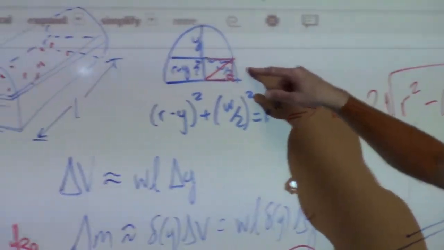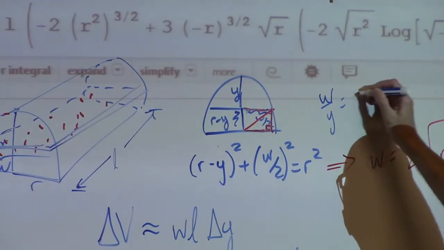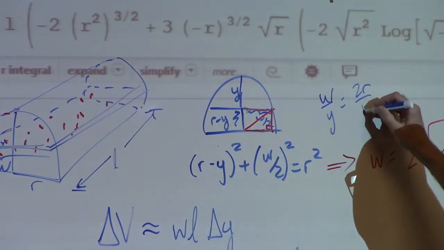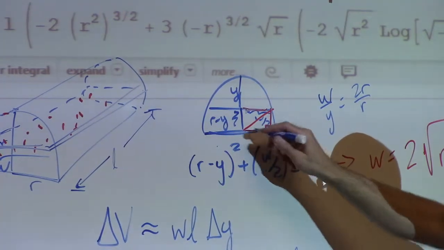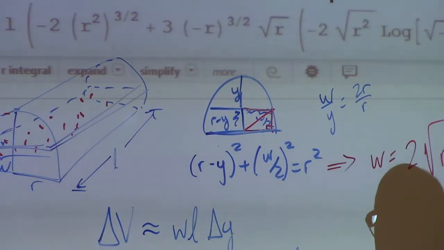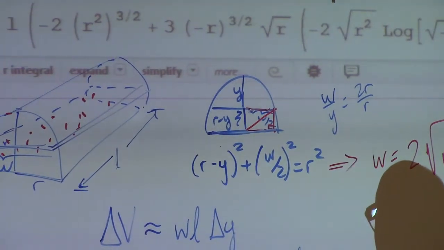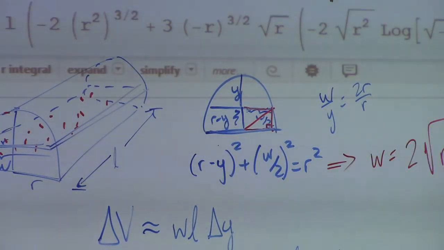W over y would equal 2r over r, because the base at the very bottom is 2r, and then the height would be r. Well, we're not dealing with similar triangles here. Yeah, I'd be a little careful about that. I will think about that after class.